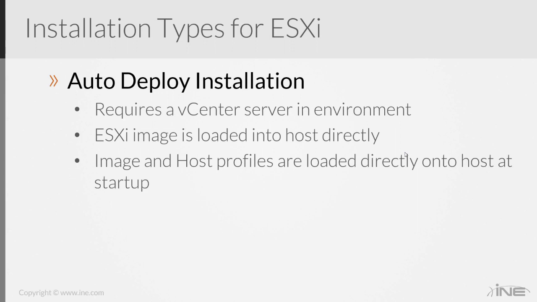In this case, you don't need this on your actual host where you'll be installing to, because the installer will come over the network and load directly onto memory on your host. Let's just bear in mind though, for this to happen, we would need a vCenter server already in place. I have another slide with the prerequisites for this, so we'll get to that in a little bit.